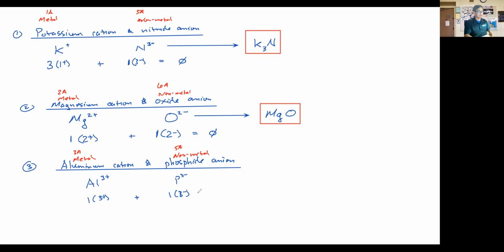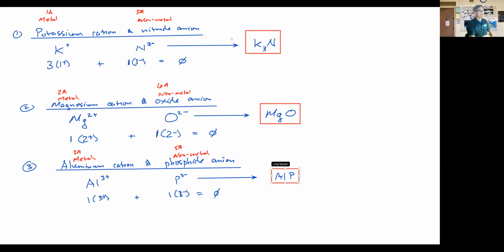Will those two balance each other out with only one of each? The answer is yes. Therefore, the formula for the compound that forms between aluminum cations and phosphide anions is one aluminum ion and one phosphide ion.